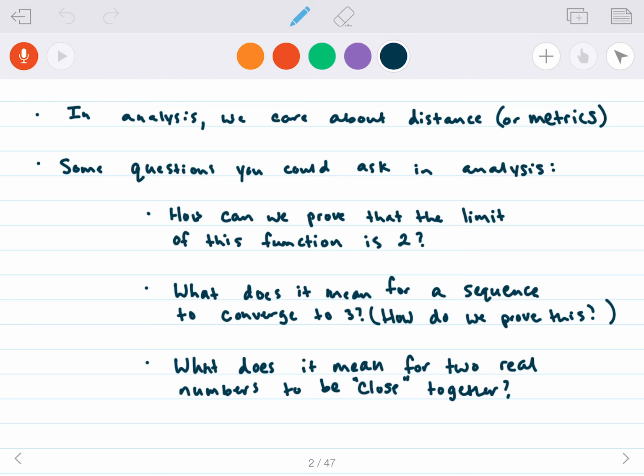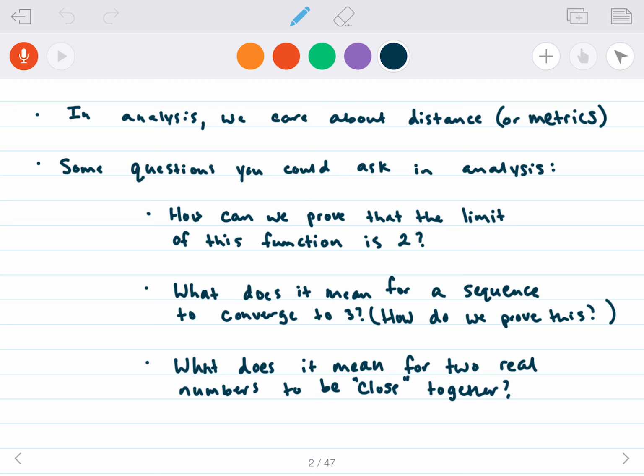But the question we can ask next is, how can we prove that that is actually the limit? We know how to do it visually. We know how to do it with polynomials in particular. We just input whatever x is approaching into our polynomial, and then we get an output, and that's our limit. But how can we prove this rigorously?